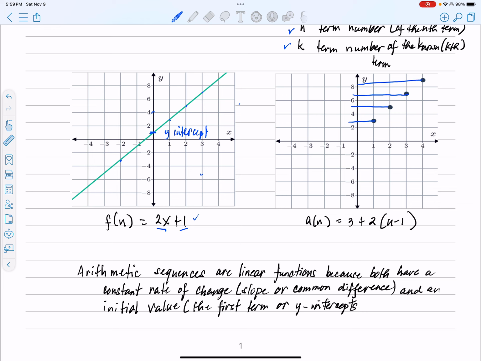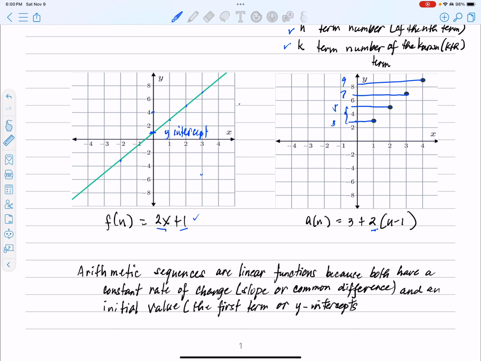And what's the difference from here? This is 3 and this is 5. So 3, 5, this is 7, and you have 9. So that means there is a difference of 2: 3 to 5, 5 to 7, 7 to 9.